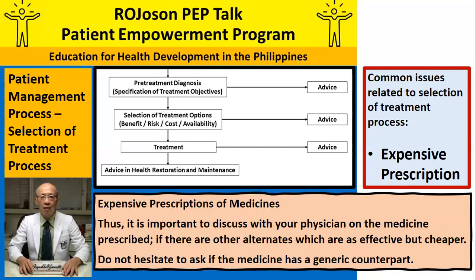Thus, it is important to discuss with your physician on the medicine prescribed if there are other alternatives which are as effective but cheaper. Do not hesitate to ask if the medicine has a generic counterpart.